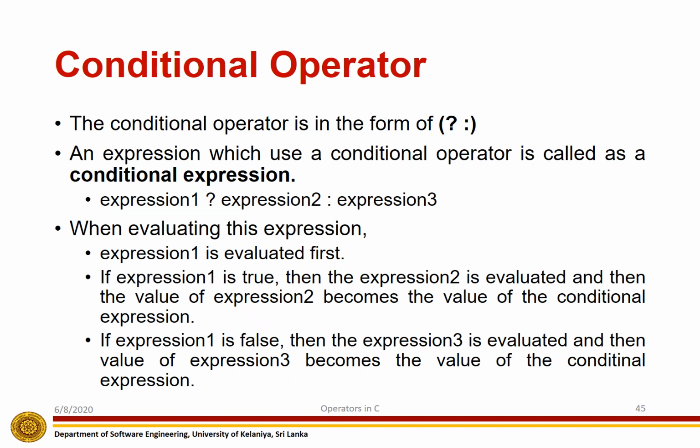When evaluating this expression, expression 1 is evaluated first. If expression 1 is true, then expression 2 is evaluated and the value of expression 2 becomes the value of the conditional expression. If expression 1 is false, expression 3 is evaluated and the value of expression 3 becomes the value of the conditional expression.